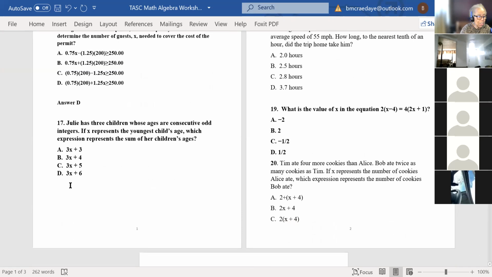Now, if you have 3 children, I'll get you started on this one. I want you to solve it. If X represents the youngest child's age, which expression represents the sum of all the children's ages, if the ages are consecutive odd integers? Vanessa, give me an example. Integers is all numbers, right?